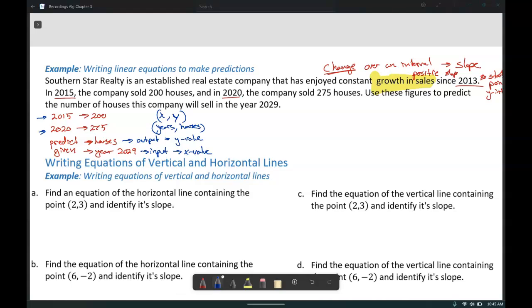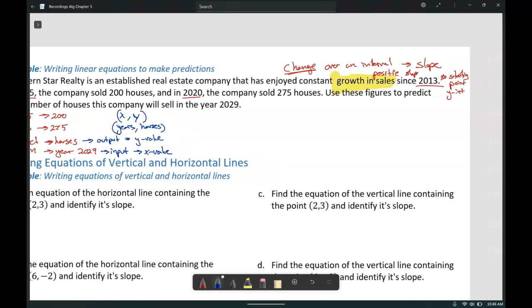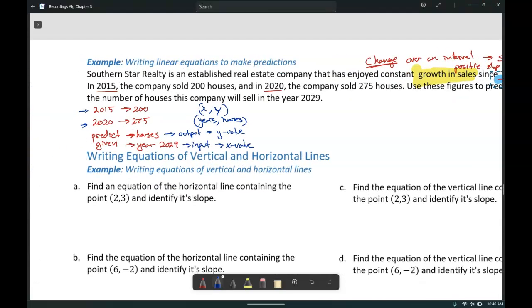But we're not going to be using 2015 and 2020 as our years, because remember that this growth started in 2013, which means x will be the years since 2013. Well, if we look at our first ordered pair, it is 2 years after 2013.